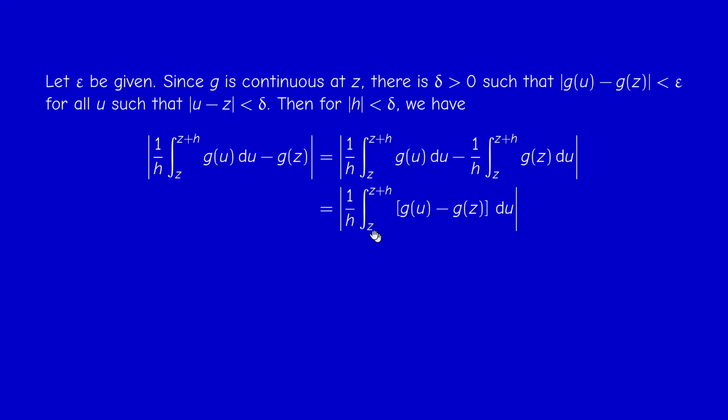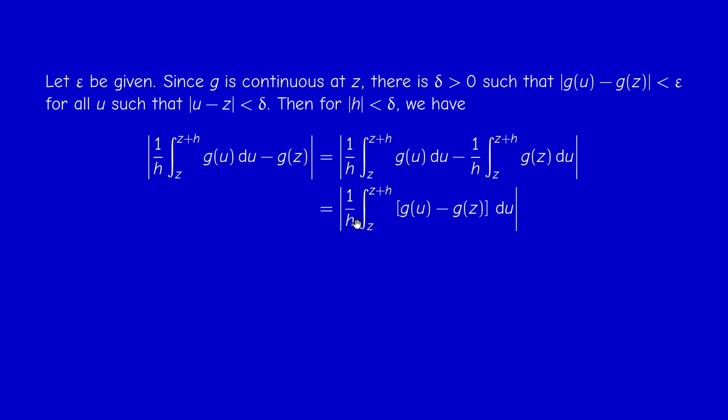But if u is between z and z+h, and the modulus of h is less than delta, then |u - z| is less than delta, as you may check. So z, u, z+h are on the same straight line segment, which is very close. The length is less than delta.